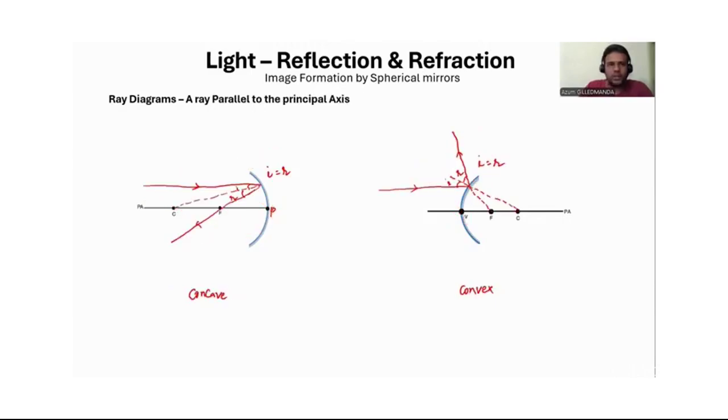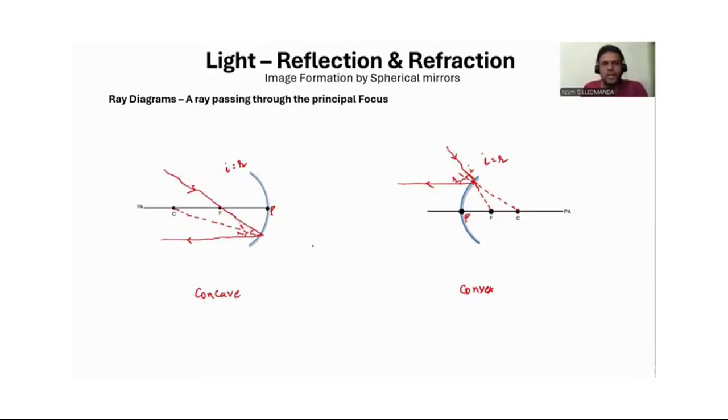So let's do a quick review. When the ray is incident parallel to the principal axis in both concave and convex mirrors, it reflects from the focus of the mirror. You understood, right? And then the other scenario is if a ray is incident through the principal focus, then it will reflect parallel to the principal axis.